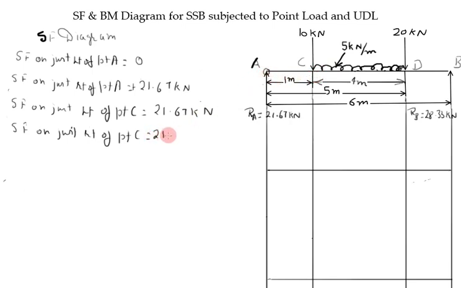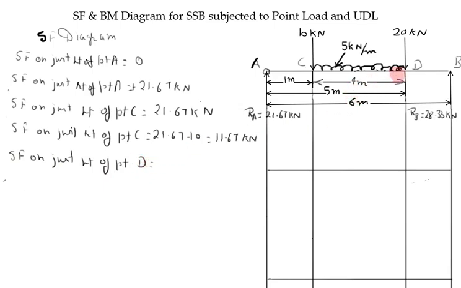So 21.67 minus 10 becomes 11.67 kilonewton. Next point is point D. So shear force on just left of point D.